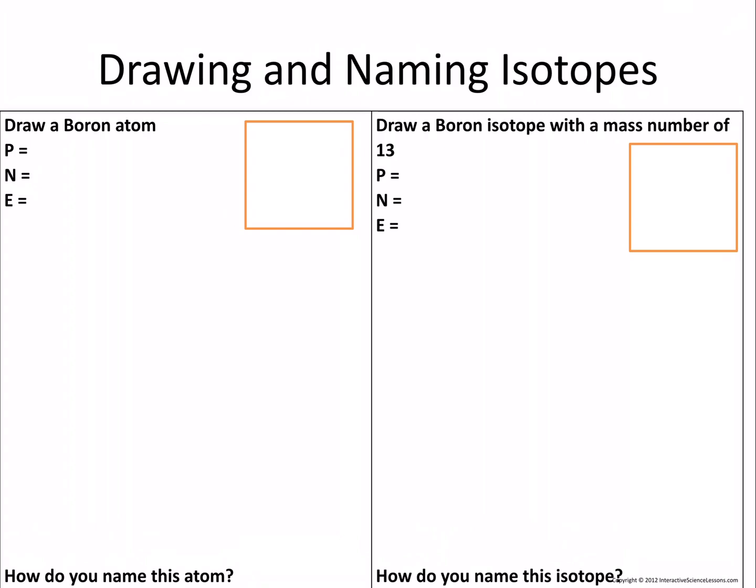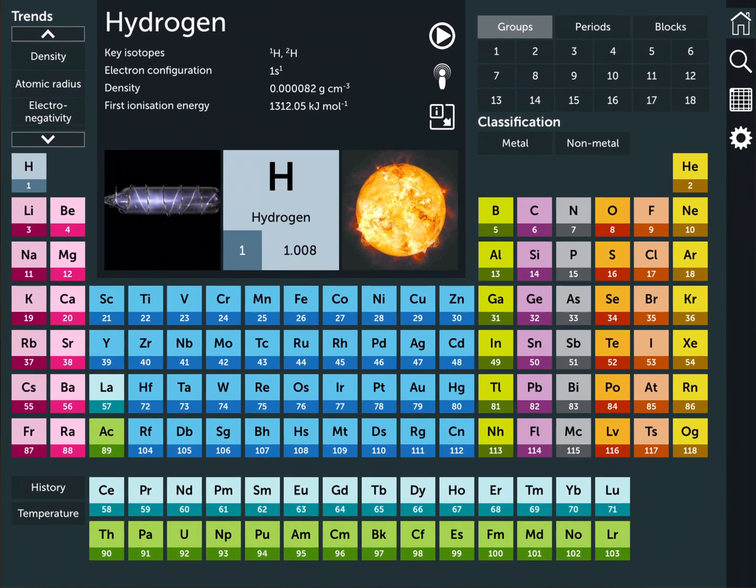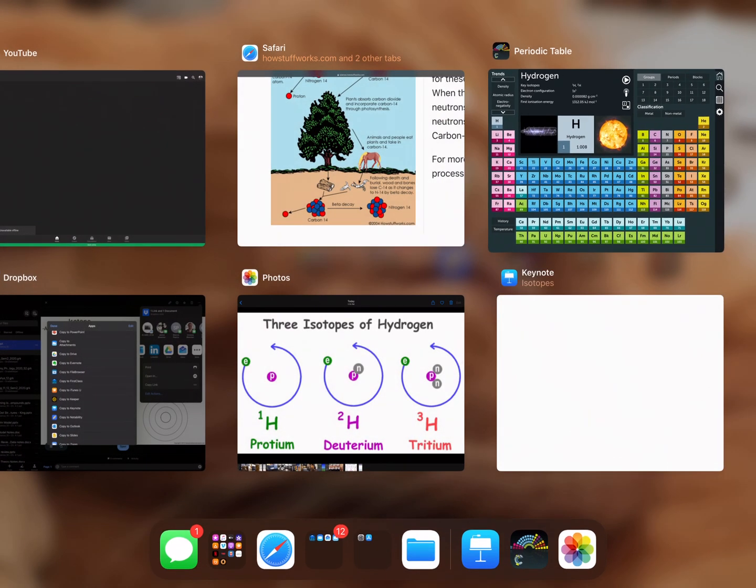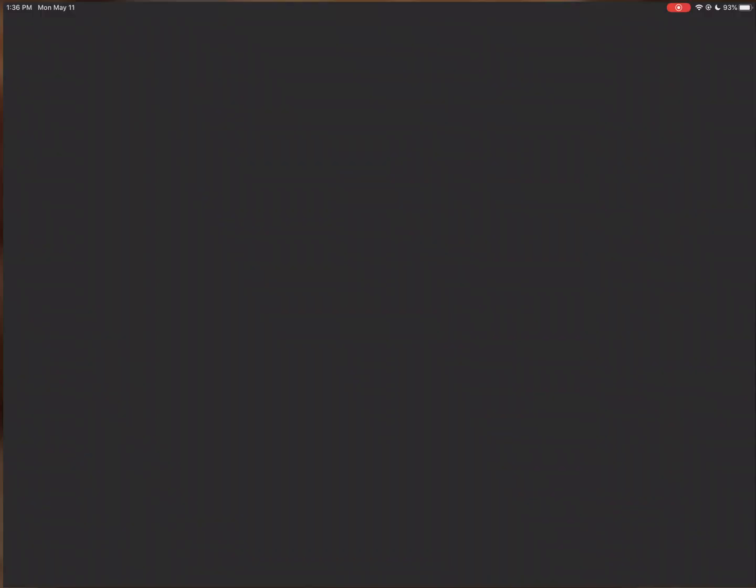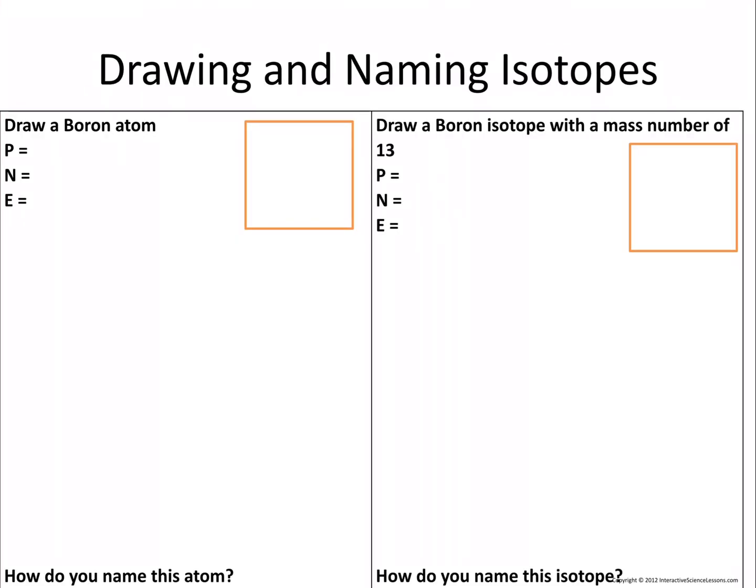And then the one on the right, they're going to say, okay, here's boron, but with a mass of 13. Now, go to your periodic table, right? Help you out with this. Boron is atomic number 5. It's that green one in the second row, kind of right beside the sun there. All right. Given that information, you get to figure this one out.